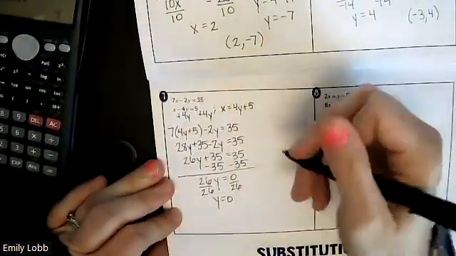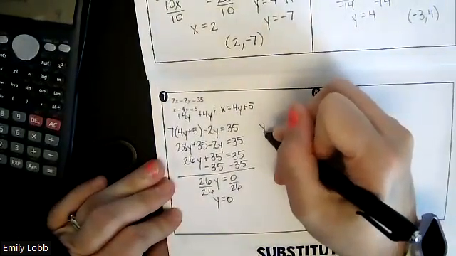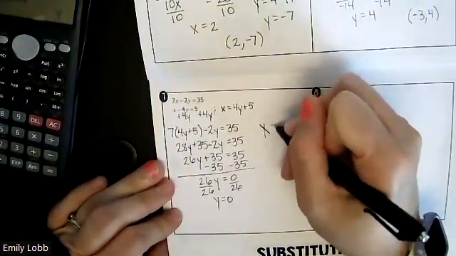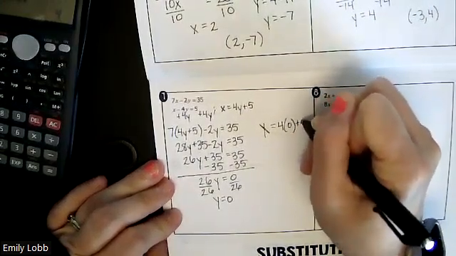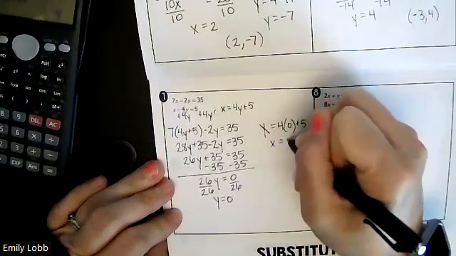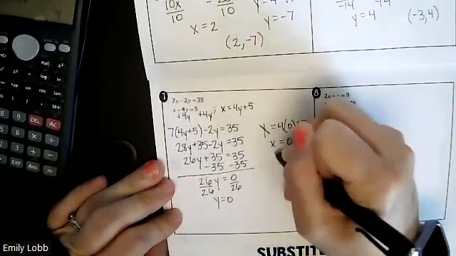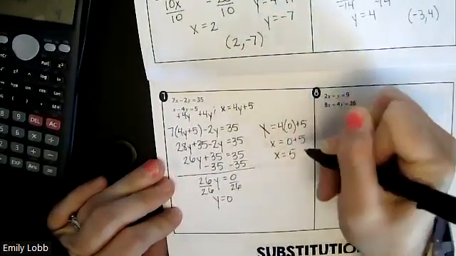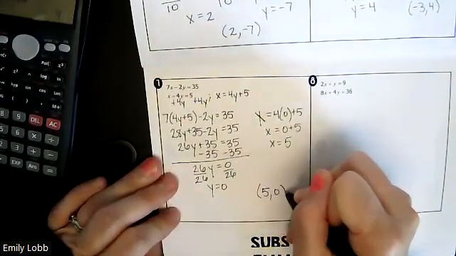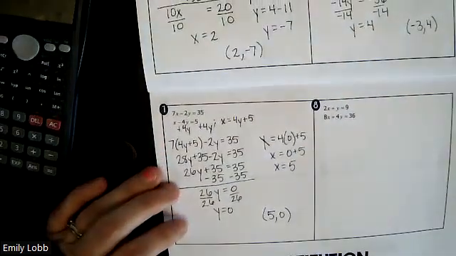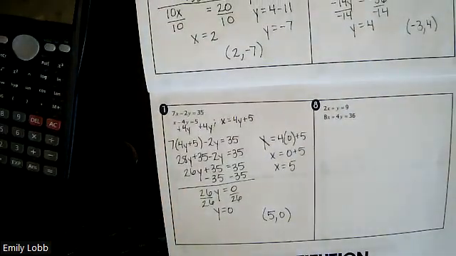So if we were plugging 0 into this equation for x, x is equal to 4 times 0 plus 5. So x equals 0 plus 5, which is just 5. So this x-intercept is (5, 0). And that's where those two lines meet.